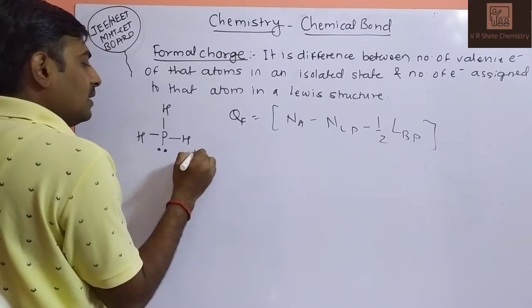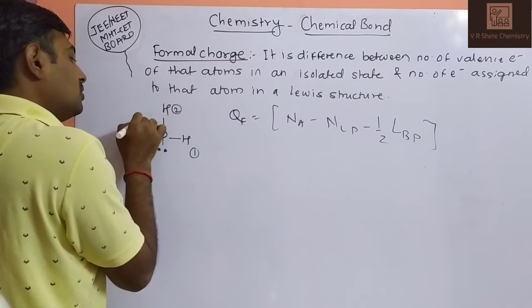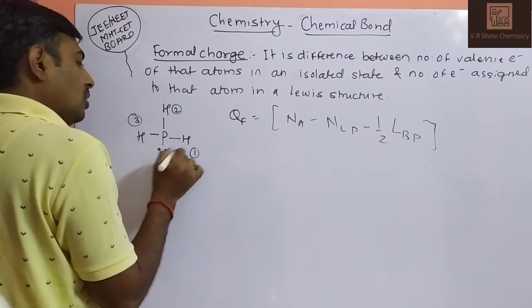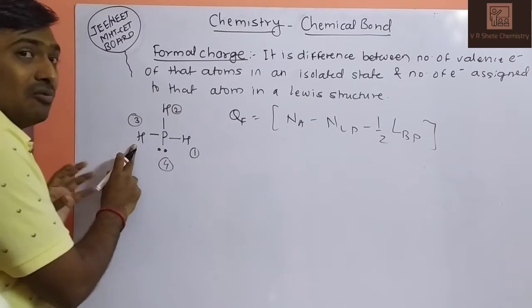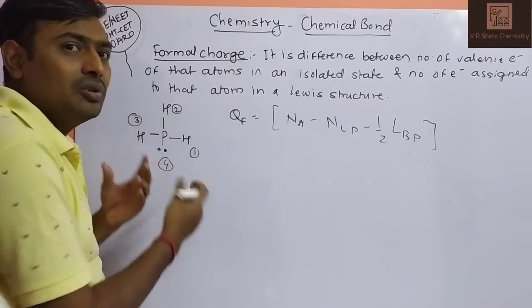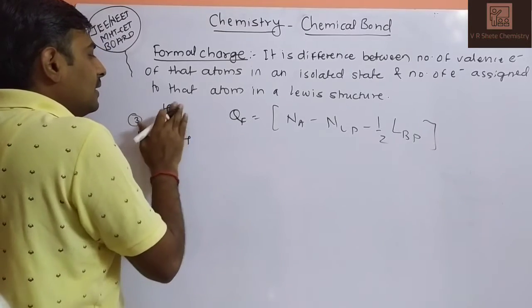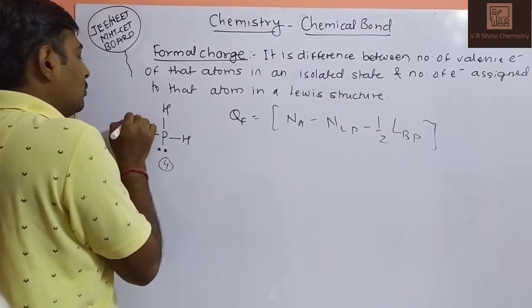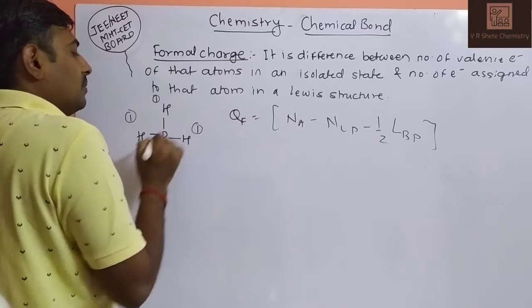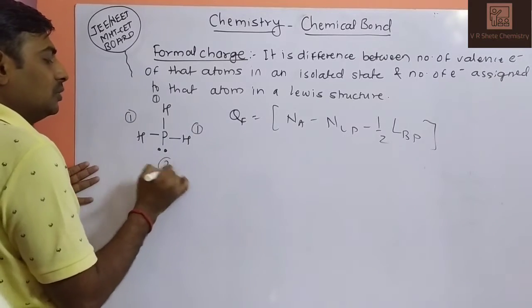This is your 1, this is your 2, this is your 3, and this is your 4. The environment of all the hydrogens is the same, so calculate for any one. So we will directly consider 1, 1 and 1, and this is your number 2.